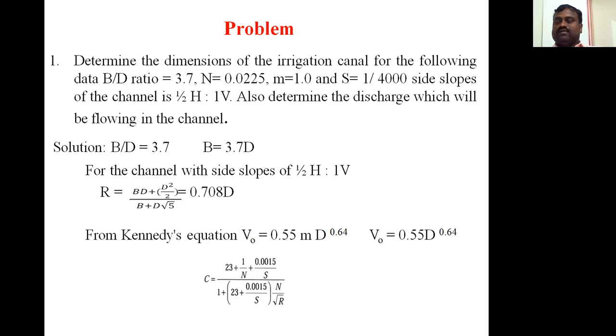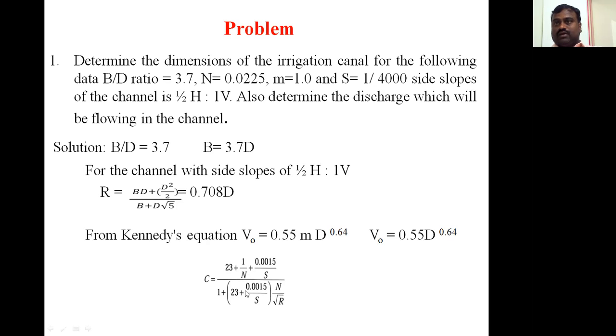So in terms of d, it is calculated, and mean velocity is calculated using Kutter's equation. Bed slope value S is given in the problem definition equal to 1 divided by 4000. So substituting S value here, N value is also defined equal to 0.0225.